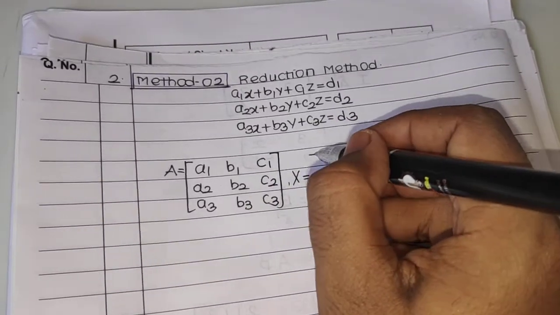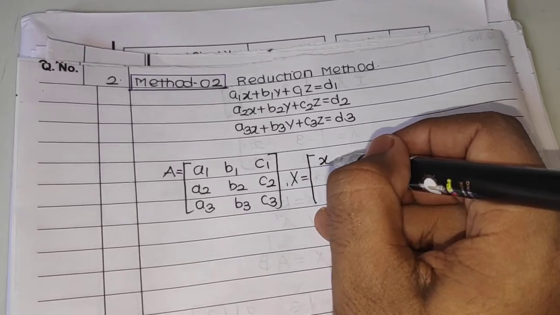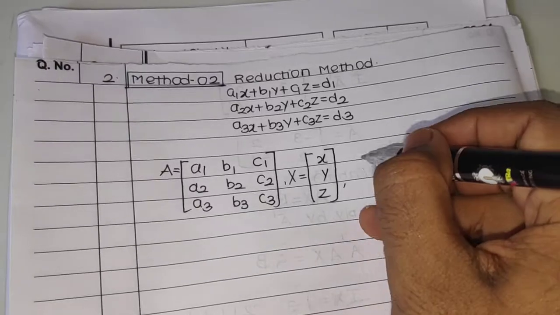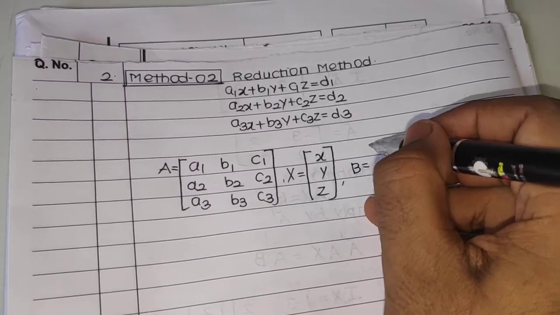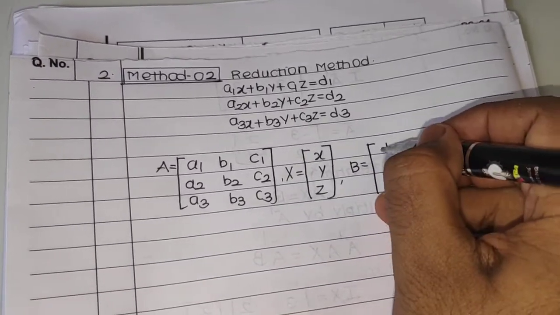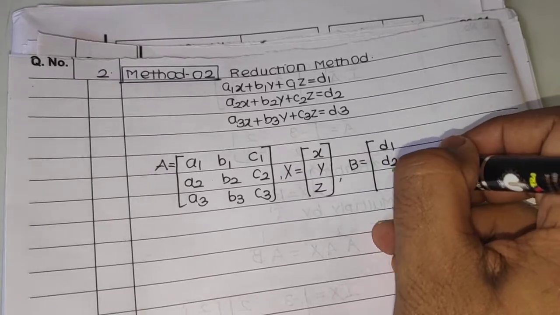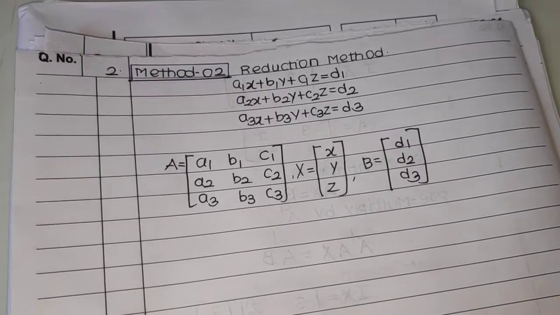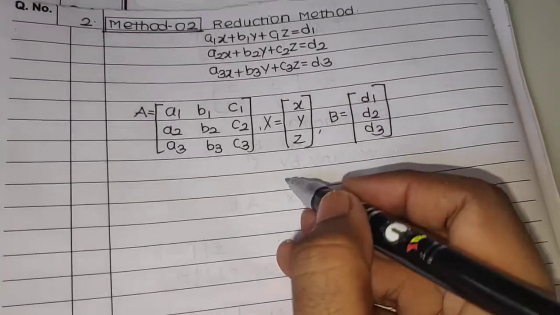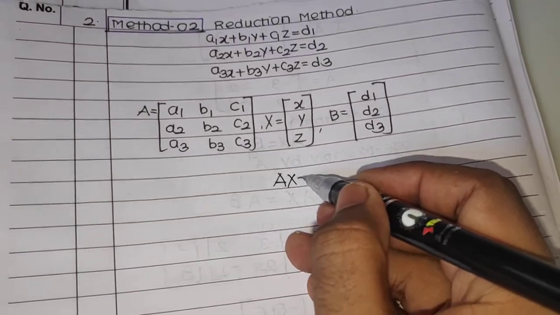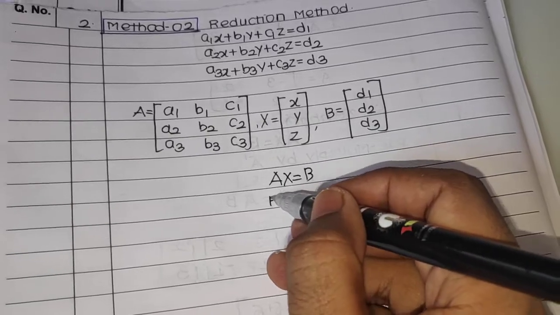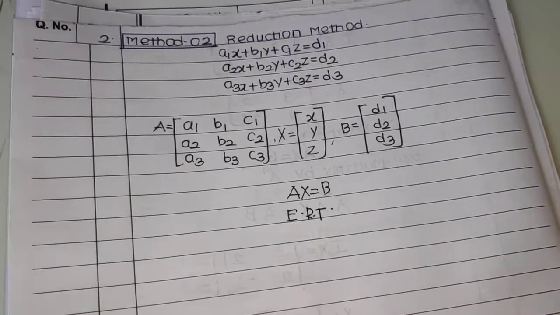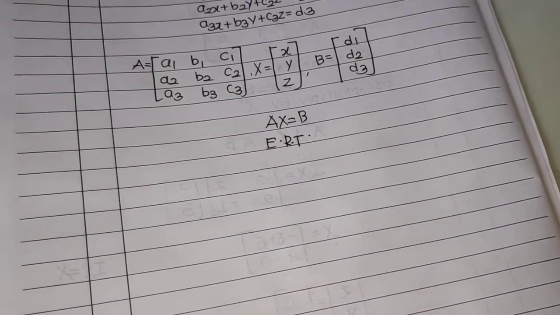Then matrix X, and then matrix B. Then you use the relation AX equals B. You perform elementary row transformations, converting matrix A on the LHS to the UTM.